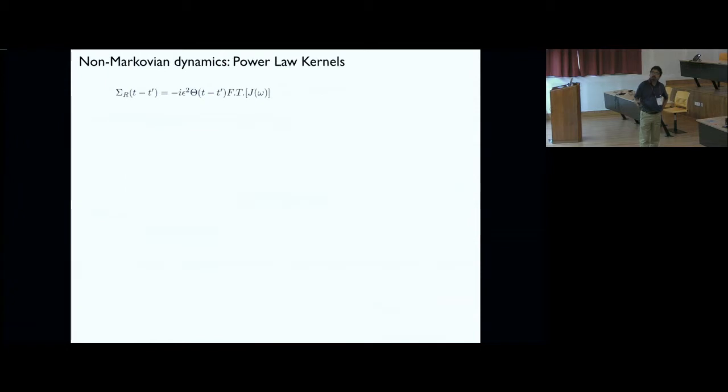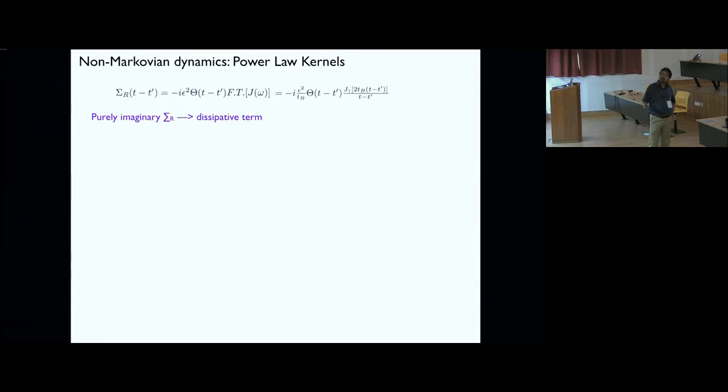So if you do this, the retarded self-energy is just the Fourier transform of J of omega. That's very simple, i times some theta function, okay? The J of omega that we have is simple enough that you can actually do this Fourier transform exactly, and the answer seems to be a Bessel function divided by t minus t prime. Now, why is that useful or important or interesting?